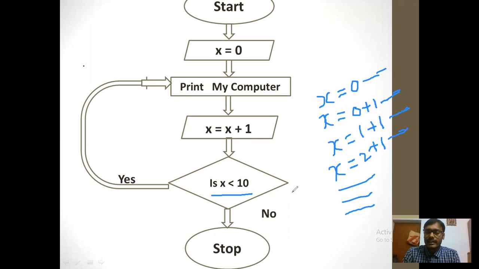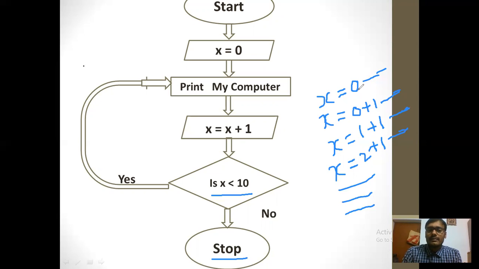When x exceeds 9, it will become 10. So 10 is less than 10? The condition becomes false. So it will come to this part of the program and stop the procedure. It will come to the stop symbol and stop the program.